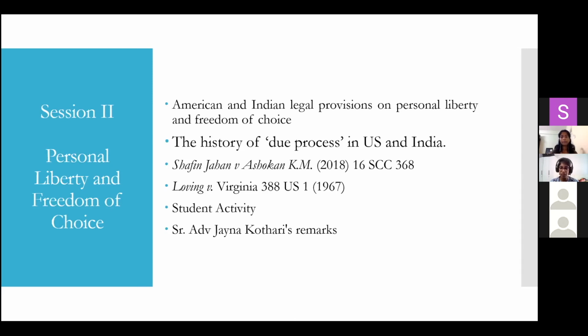That was interesting, because when we look at personal liberty, we look at it from a very individual perspective, not from a group rights perspective. But bringing in that equality angle ties in larger conceptual questions on equality and personal liberty.